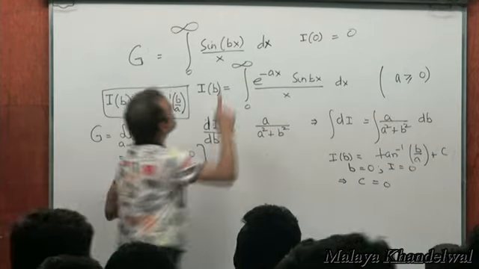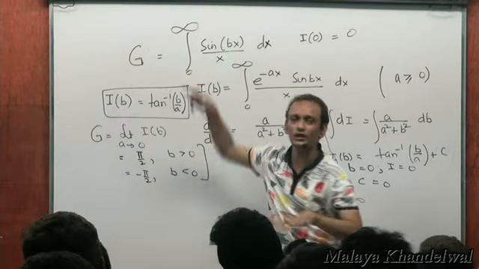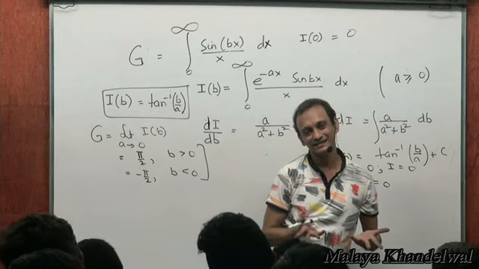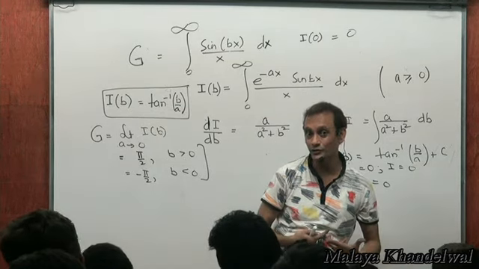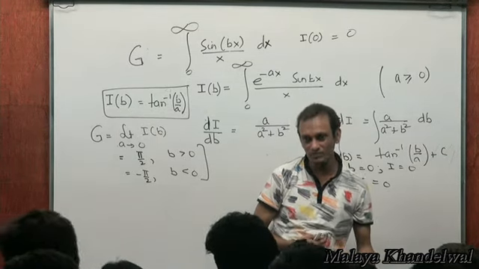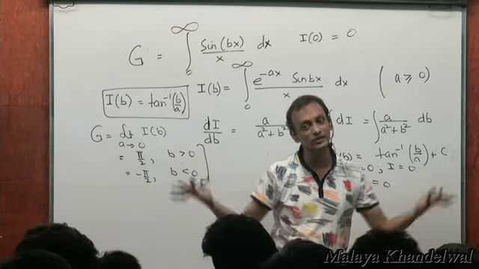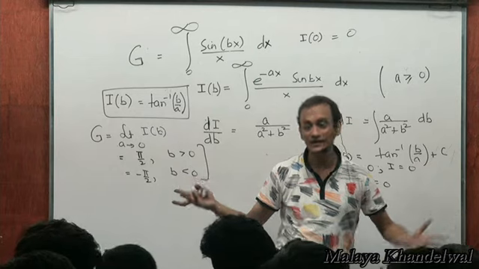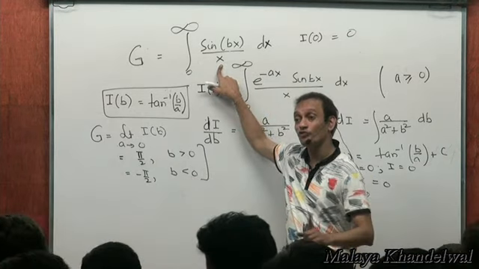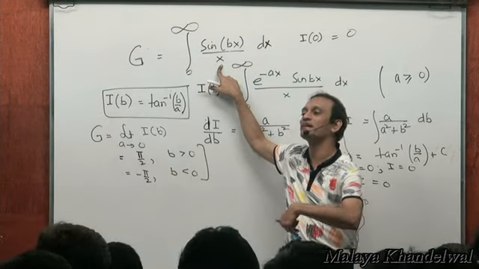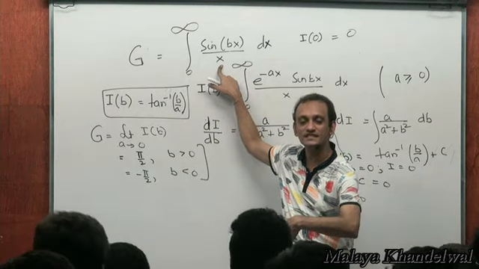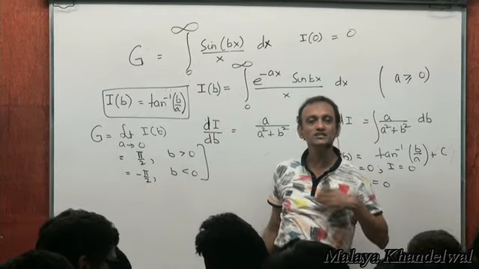And you expected that because if you replace b by minus b, the sign of this integral will change. Isn't it? So if it had a value, then for positive b's it will have one value, but for negative b's it will have the negative of that value if this was integrable. Right? So this is plus pi by 2 if b is positive, minus pi by 2 if b is negative. Yes or no?